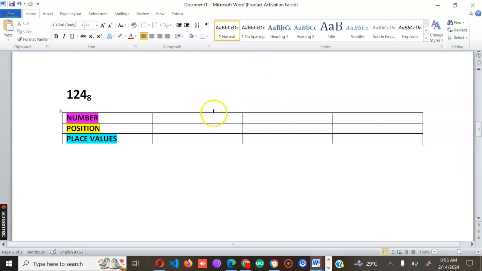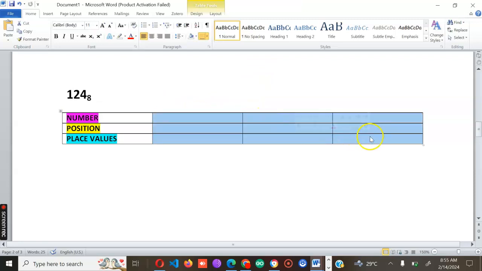Okay, let's go to the number, which is 124. Let me try to board this one. So we have 1, 2, and 4. The position is 0, 1, and 2. The place value of this one is 8 raised to power 2, which is 64.